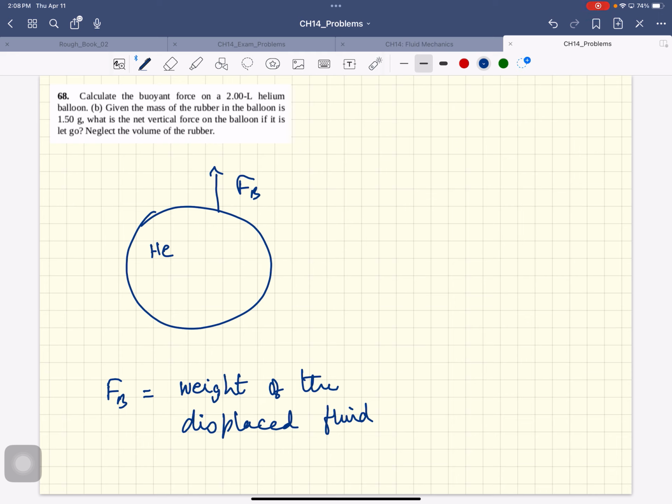Air was displaced, okay? So here is the weight of the helium plus the weight of the balloon, and there is the buoyant force. The buoyant force is the weight of the air displaced. So if this force is greater than this weight, then the balloon will rise.